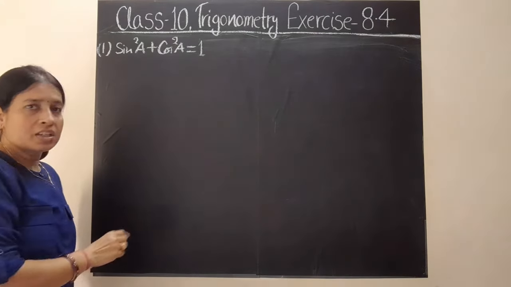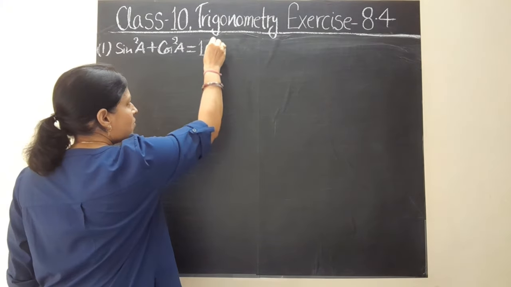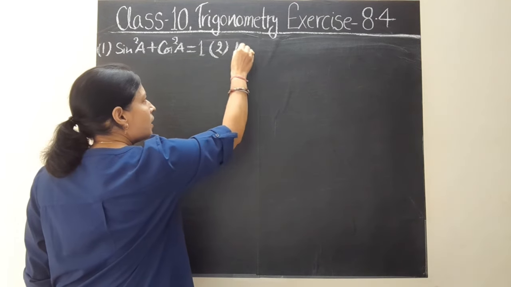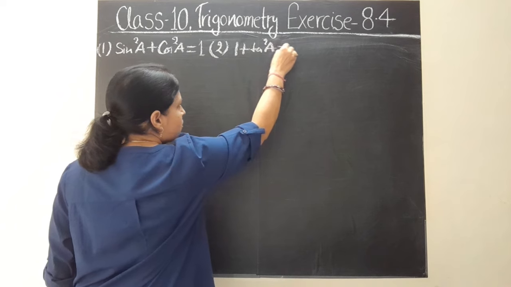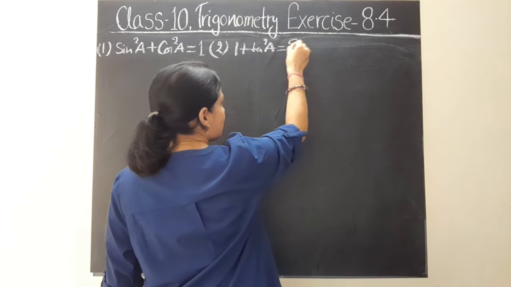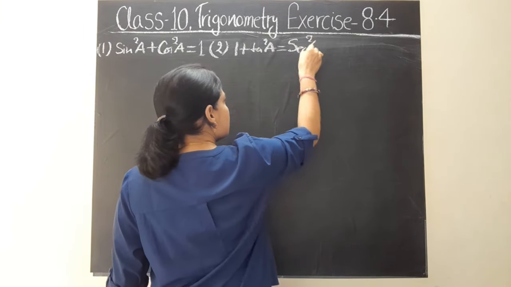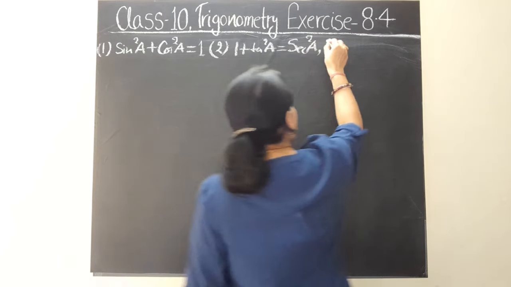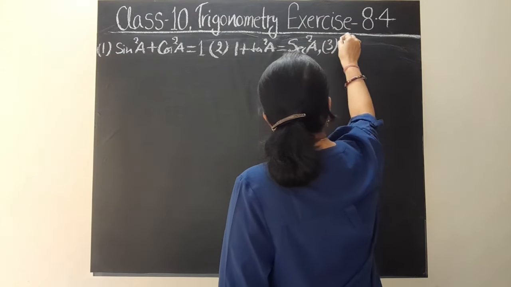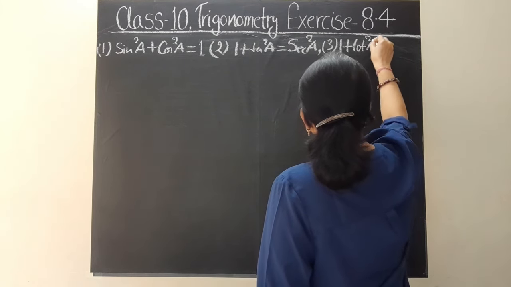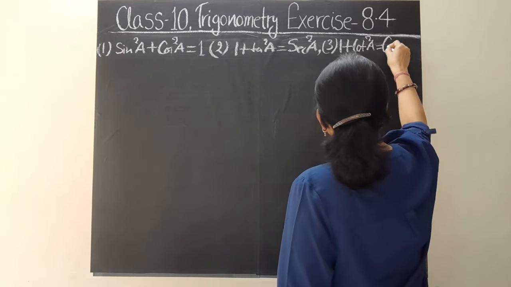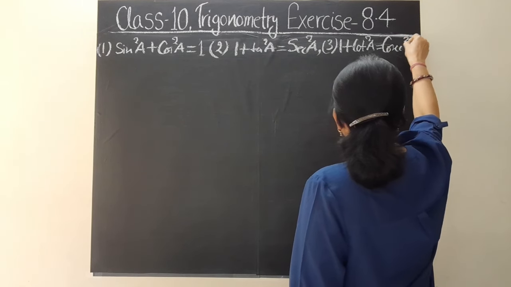Then second one is 1 plus tan square A is equal to sec square A. Then third one is 1 plus cot square A is equal to cosec square A.